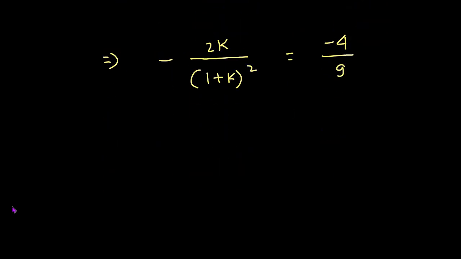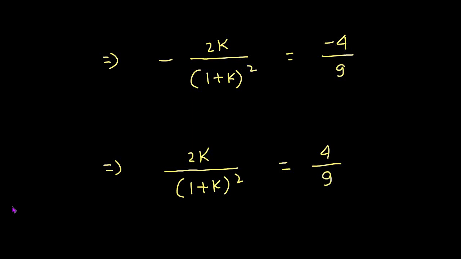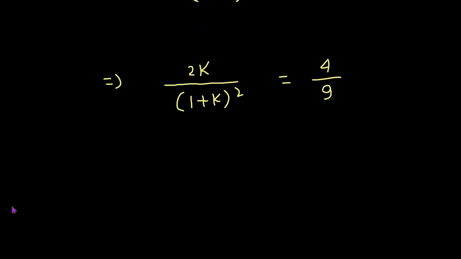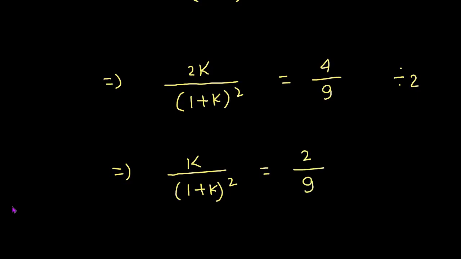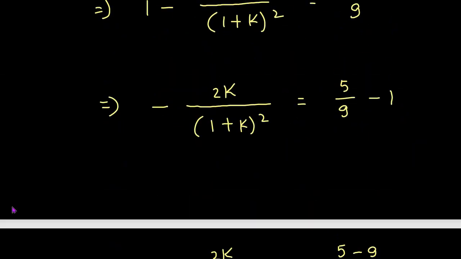If we cancel the minus from both sides, we have 2k/(1 + k)² = 4/9. If we divide both sides by 2, we have k/(1 + k)² = 2/9. We can give this equation number 1. We'll use this value, k/(1 + k)² = 2/9, to find our required value.